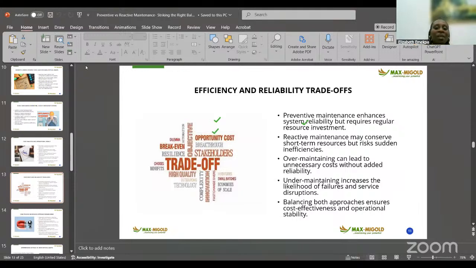Efficiency and reliability trade-off in preventing emergencies in our facilities. What are those efficiency and reliability trade-offs? What does it cost us? Preventive maintenance enhances system reliability, but requires regular resource investment.